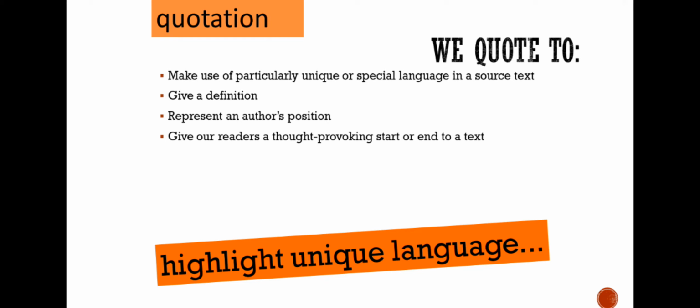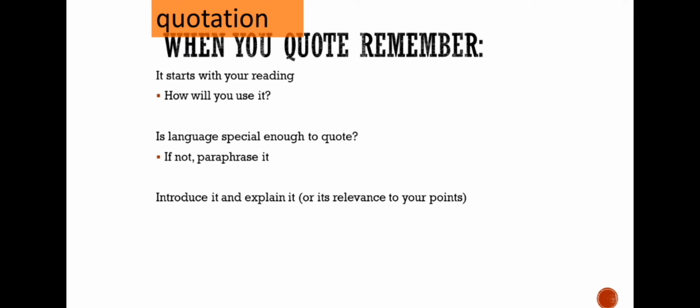Just know that if the quote is really highlighting its unique language, and if you try to change the language into your own words, the meaning could be lost, then it would make sense for you to use quotations. So normally you would quote when it is really significant.